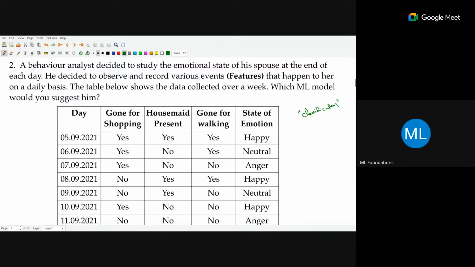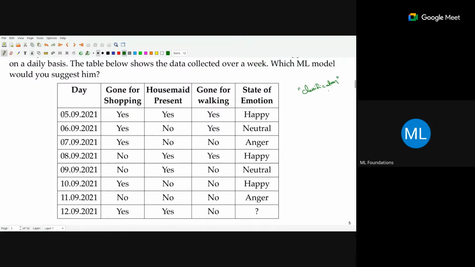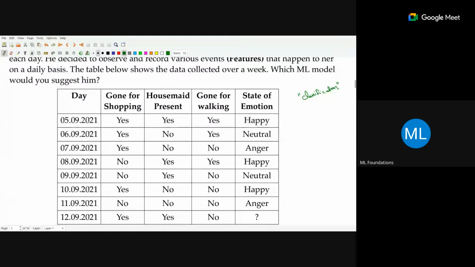Maybe in this, I just wanted to discuss a few computational parts also. It is classification, because again, you are on the 12th and you wanted to predict her state of emotion. You have metadata inside this, like what data is provided to you, and it also comes under supervised learning. Your output is not a real number.